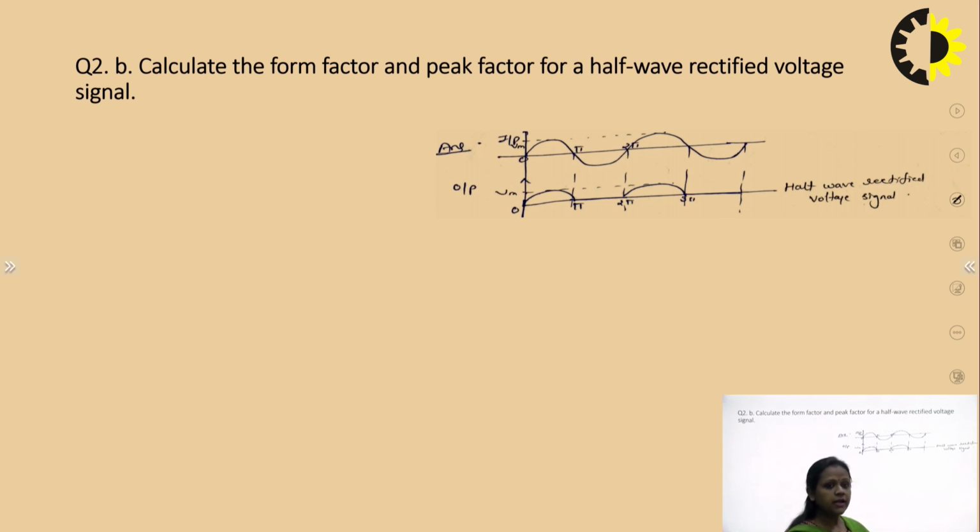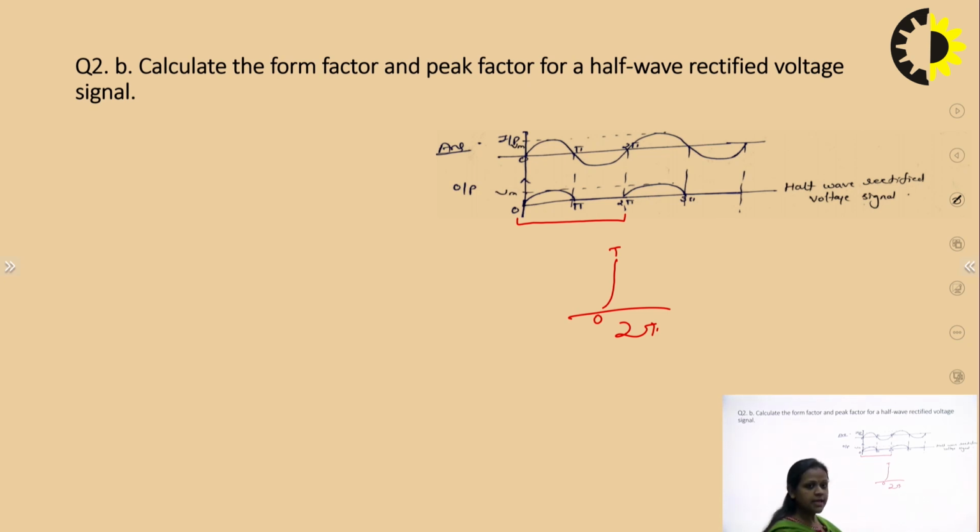So, first we will find the average value. To find the average value, the formula is you have to integrate the cycle for the whole period and divide it by the base length. So, what will be the base length? If you see, the cycle is repeating from 0 to 2 pi.